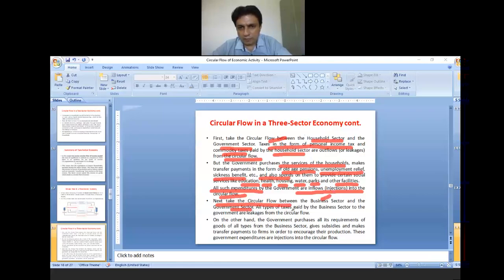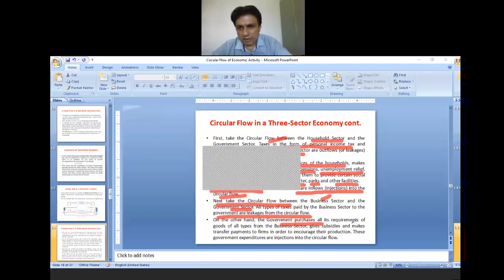All types of taxes paid by the business sector to the government are leakages from the circular flow. On the other hand, the government purchases all its requirements of goods of all types from the business sector, gives subsidies, and makes transfer payments to firms in order to encourage their production.